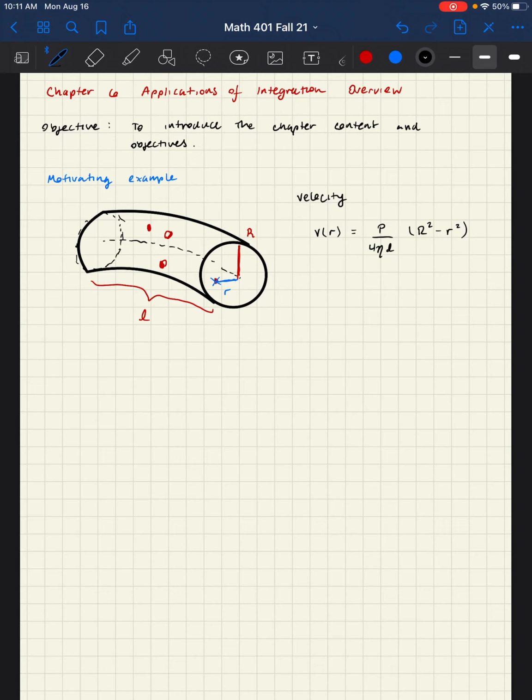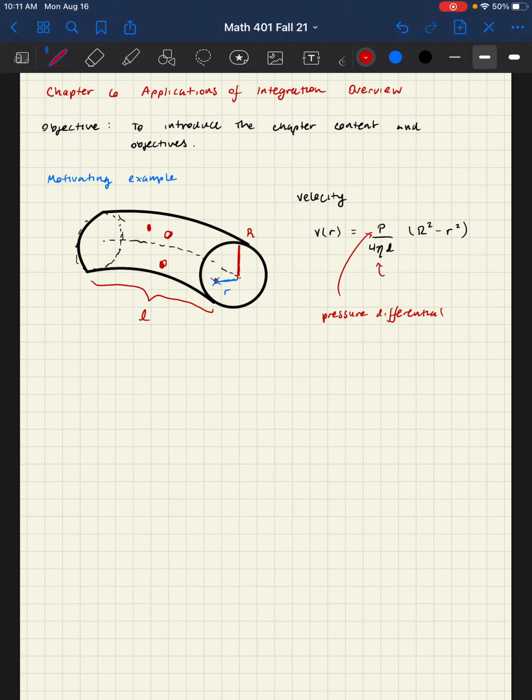P here, capital P, is what we call the pressure differential between the ends of the blood vessel, the difference in blood pressure from one end to the other.